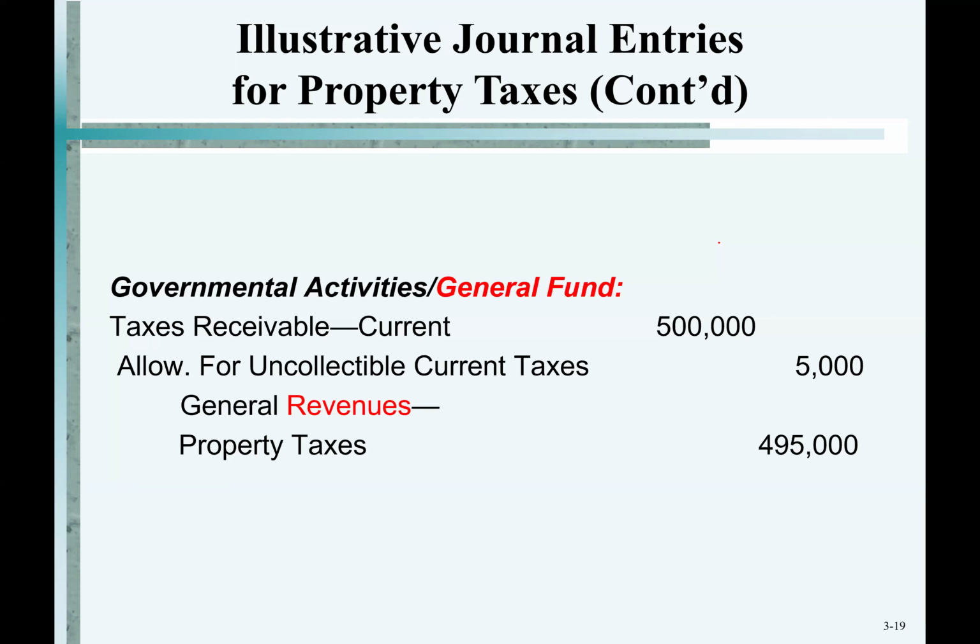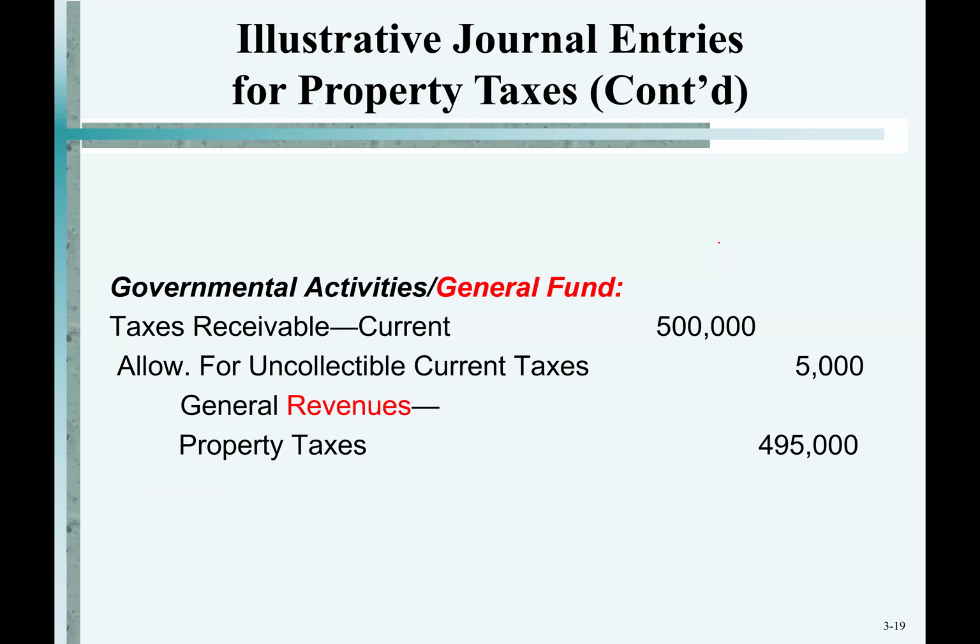In business, we would have booked the revenue gross and then set up a bad debt expense of this $5,000, credited the allowance for 5,000 and debited the expense, and then we would have debited tax receivable 5 and credited the revenue 5. For the governmental funds, GASB says no, just reduce the revenue by the amount you think you're not going to collect.